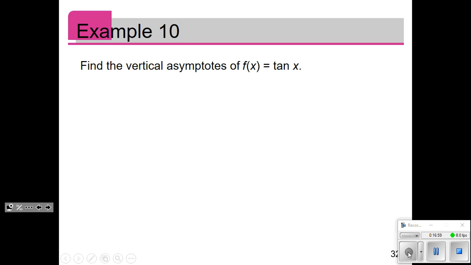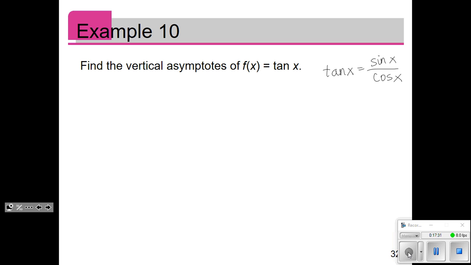So more definitions of limits, whether it's positive infinity, negative infinity. So again, find the vertical asymptotes of f of x equals tan x. Do y'all remember what the vertical asymptotes are? First of all, tangent. What does tangent equal? What's its identity? I'm talking identity, like what's it made up of? Sine over cosine. So tangent x, if you remember, is sine x over cosine x. So where is cosine x 0?